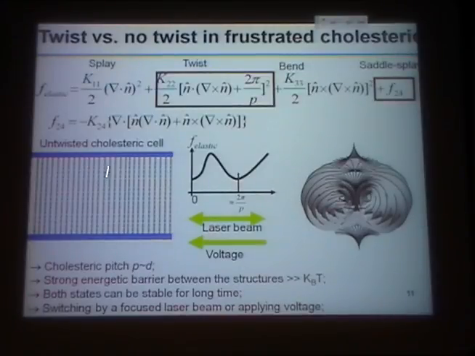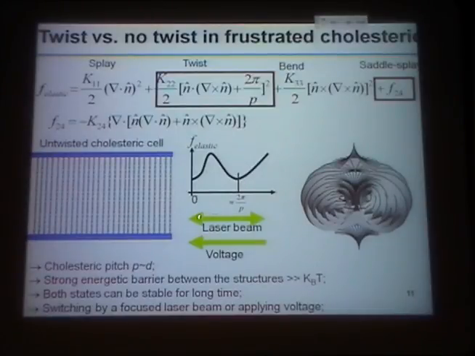One corresponding to the uniform director configuration here, and the second one corresponding to the Toron configuration depicted in here. Now, there is, however, a very strong energy barrier to go from one configuration to the other. Strong, I mean, it's comparable to thousands of k Boltzmann T, so that the system cannot go from one state to the other state on its own.